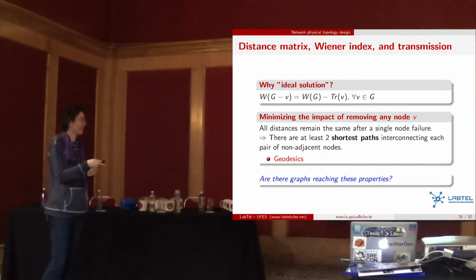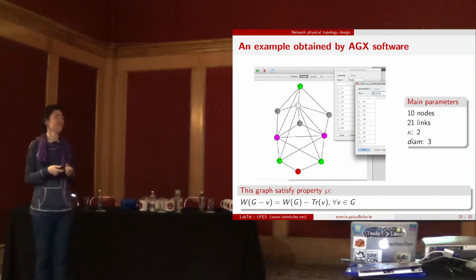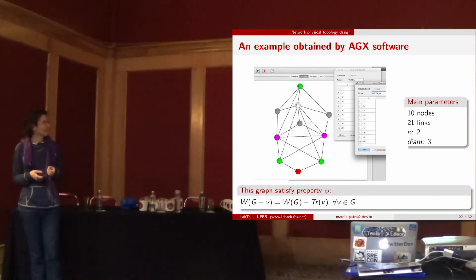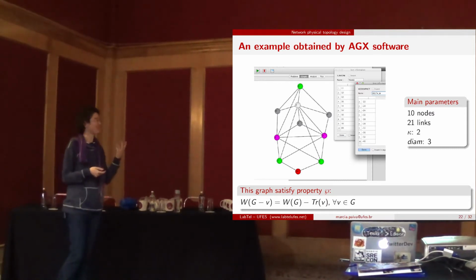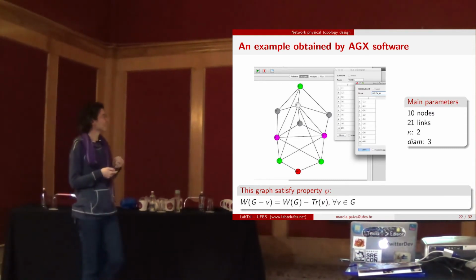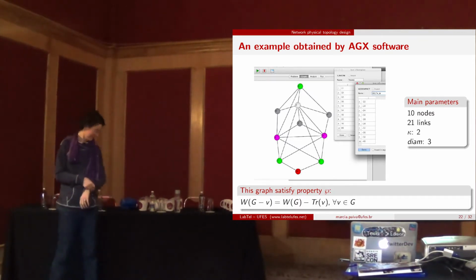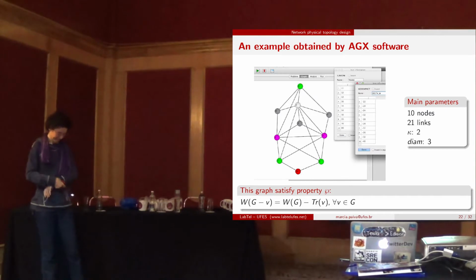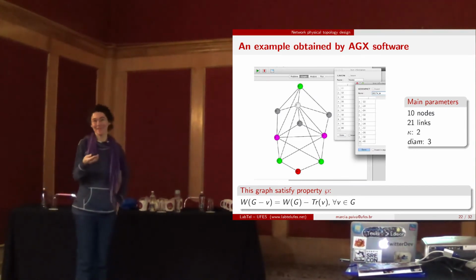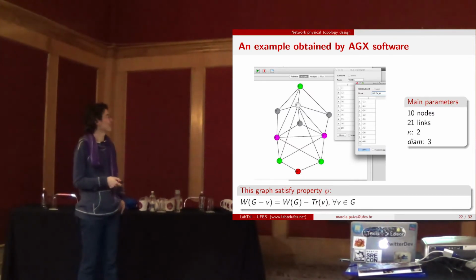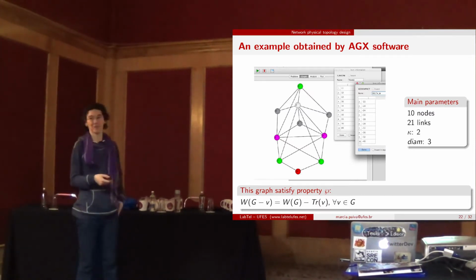And we have found the first solution using the AGX software, because it's a French name. And this software, if I have time, I can, no, I don't have time, but after, if you are interested, I can show you how this software works.